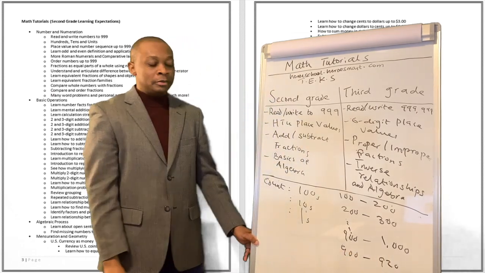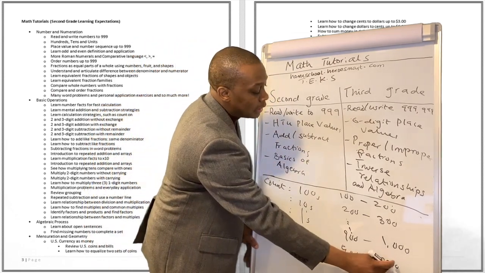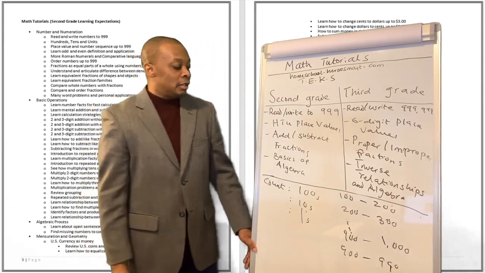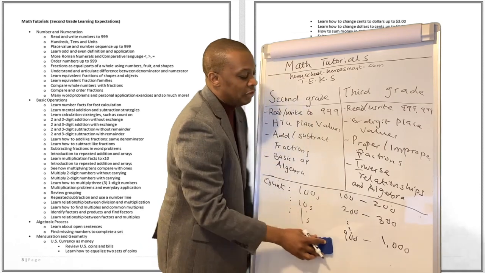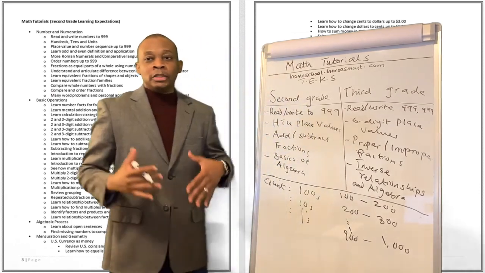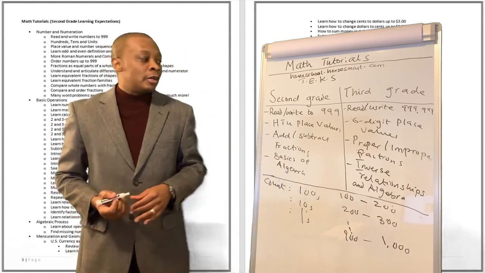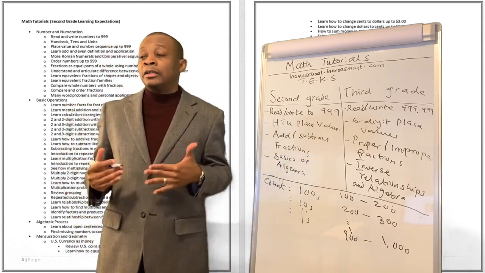You can do that too, to 990, if you will. So use different counting schedules, counting patterns to get your child to understand how to count from 0 to 999.